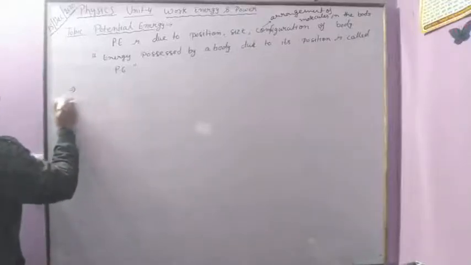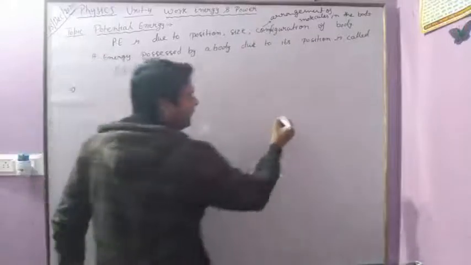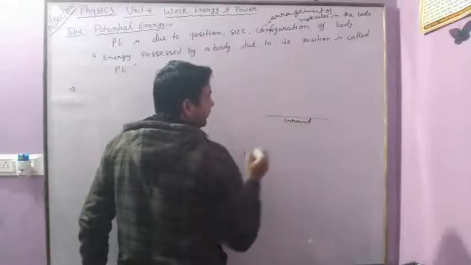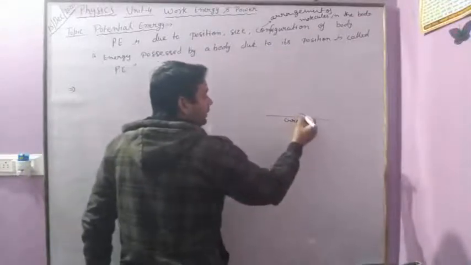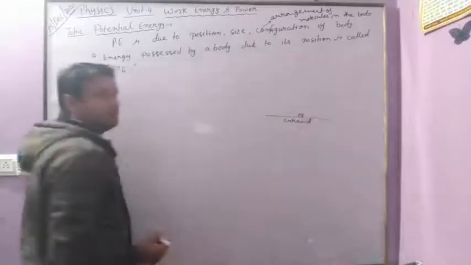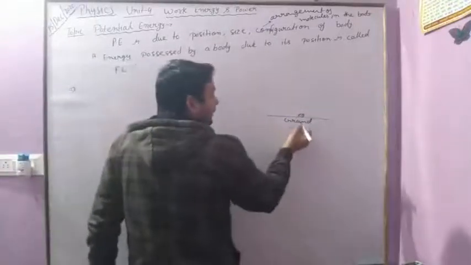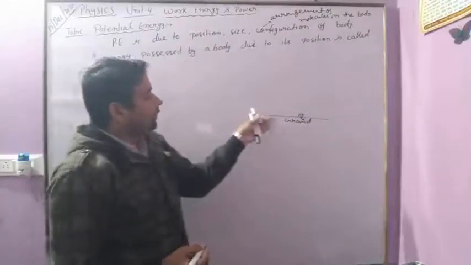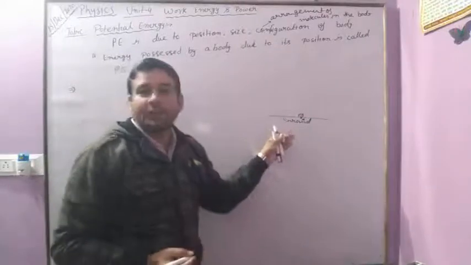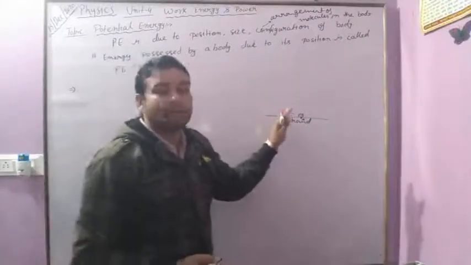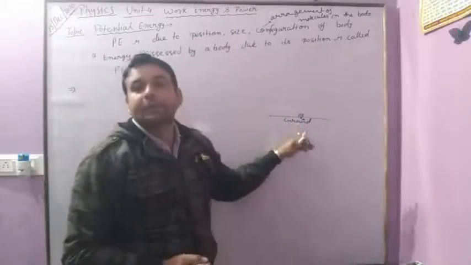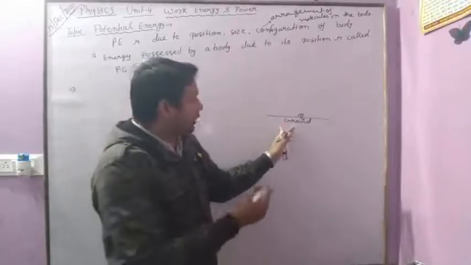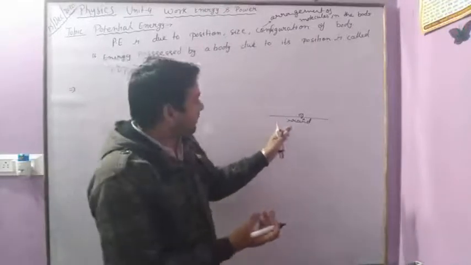For this, suppose this is the ground, and initially a body is at the surface, at a position, let's say position A. If we apply a small force, we observe that the body is not displaced, which indicates the body has a locational property.